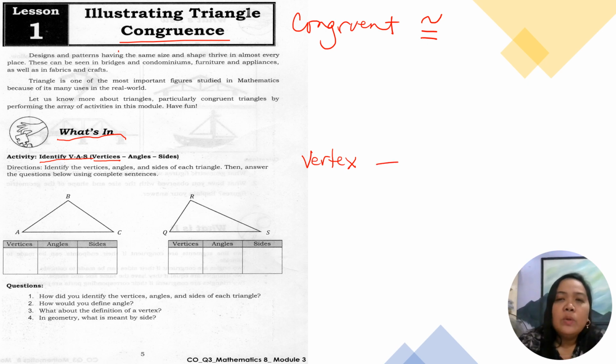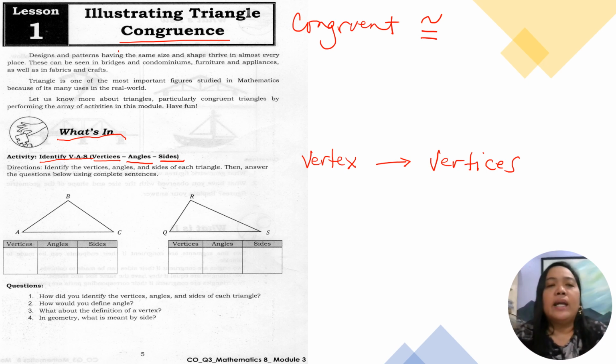Another is A, which stands for angles, and S, which stands for sides. So you are going to identify the VAS of a triangle.